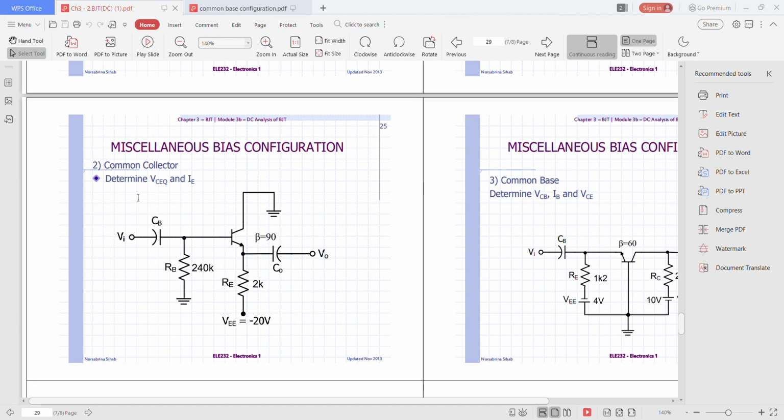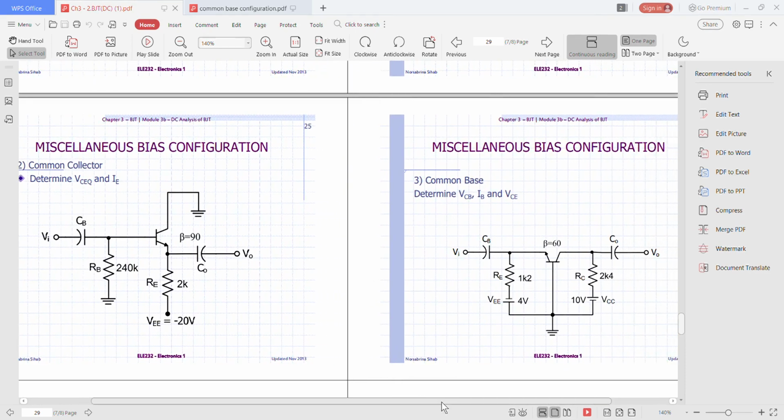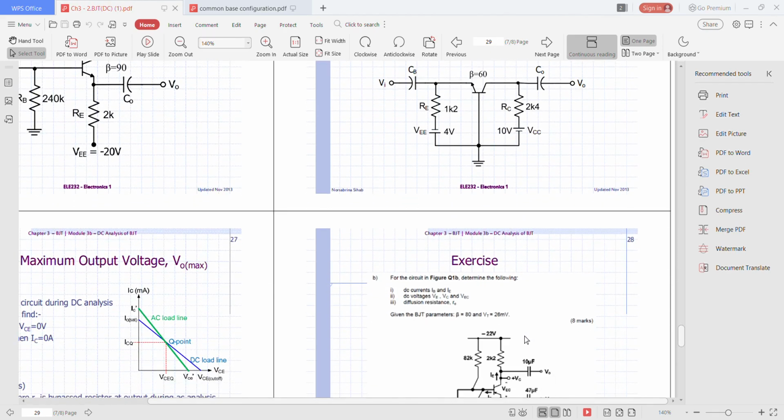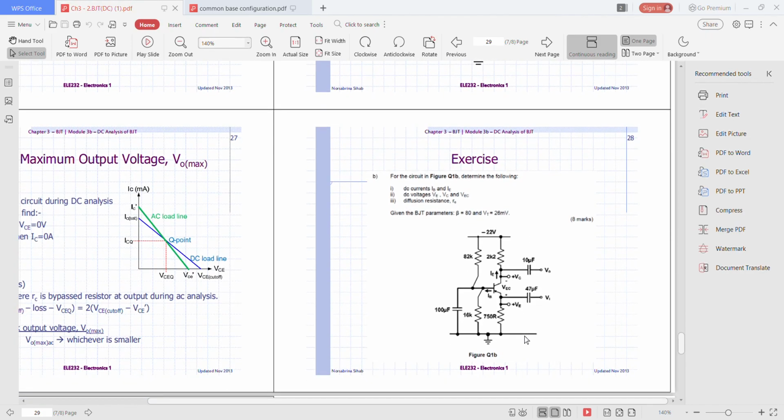So you guys can determine VCEQ and IE. And then this is the miscellaneous bias configuration for common base. So you guys can determine VCB, IB, and also VCE.